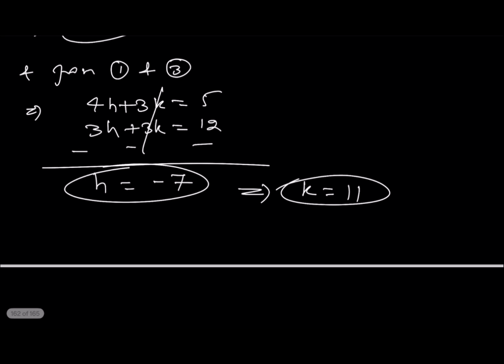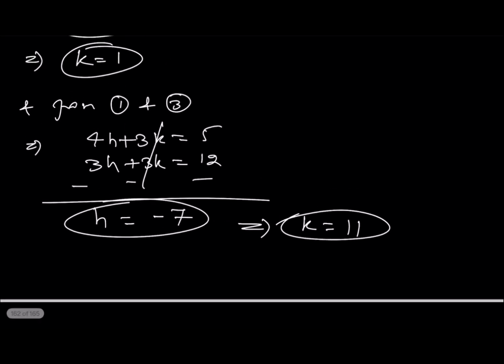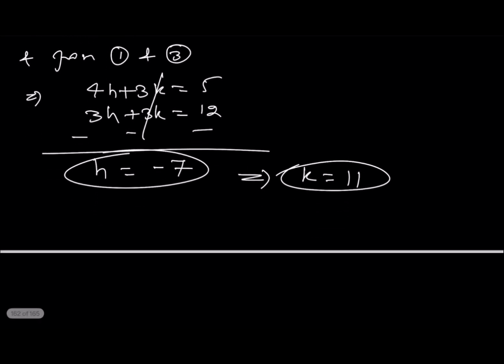So there can be 2 points on the line x plus y is equal to 4, from which the distance of 4x plus 3y minus 10 is equal to 0 is 1.